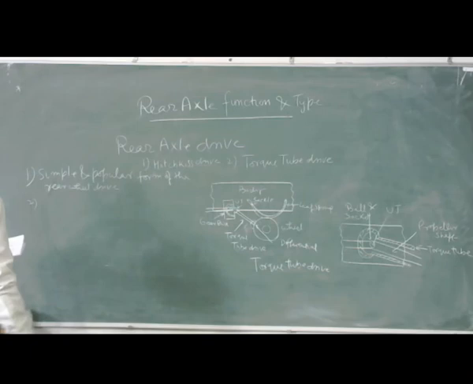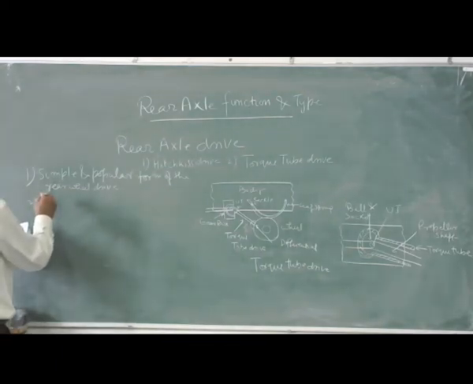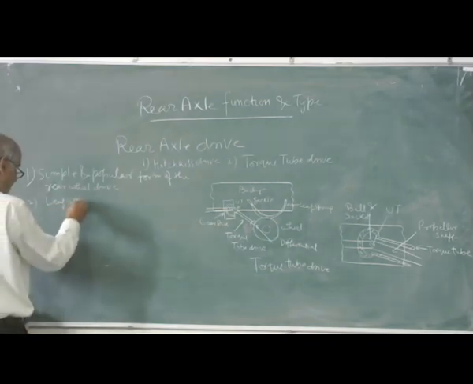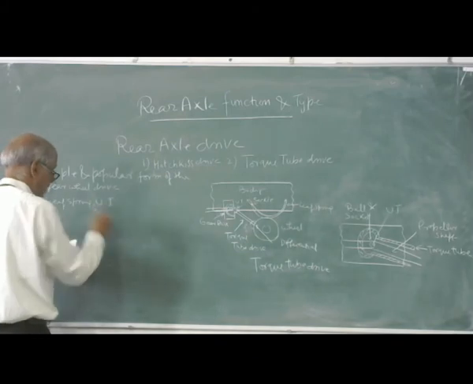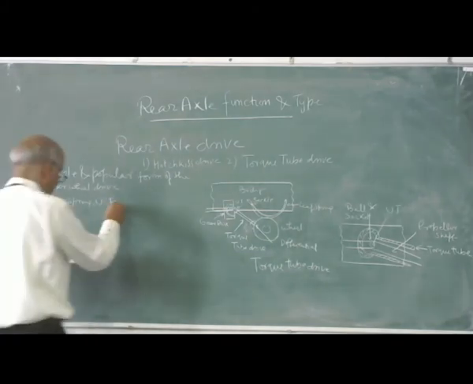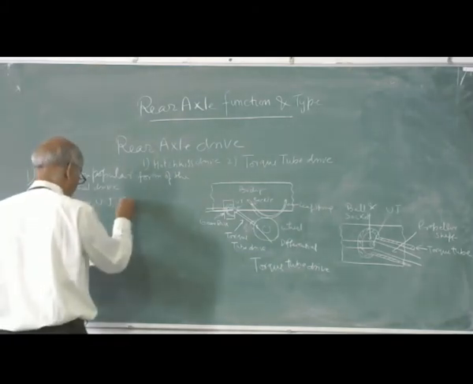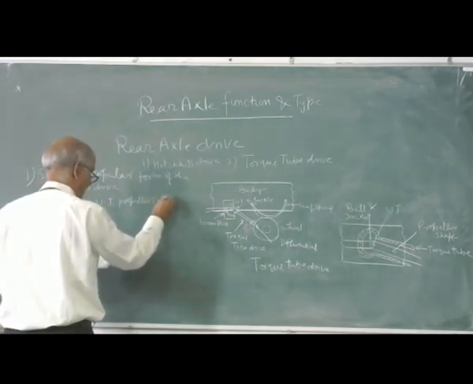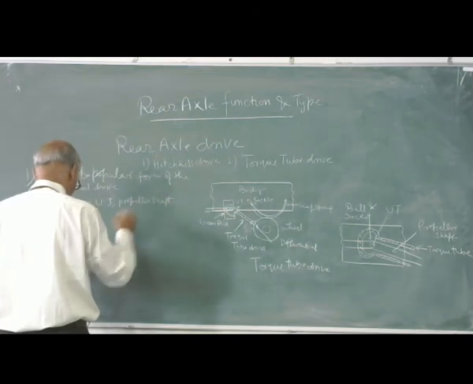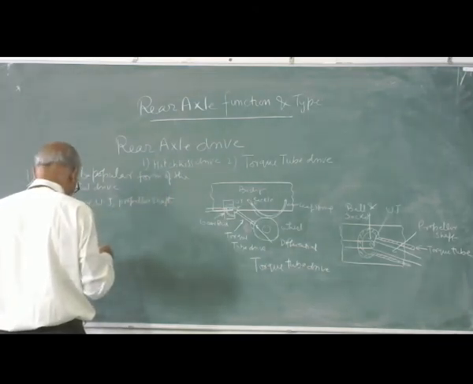Secondly, consists of leaf spring, propeller shaft with two universal joint and one sliding joint. Consists of leaf spring, of course it is there, universal joint, I will write UJ, then propeller shaft, two universal joint and sliding joint.